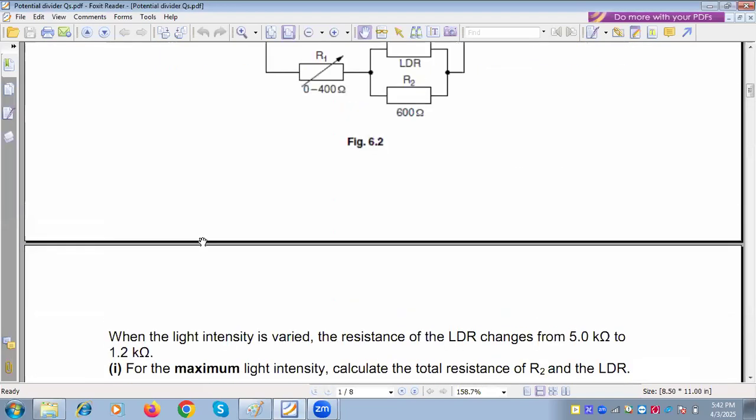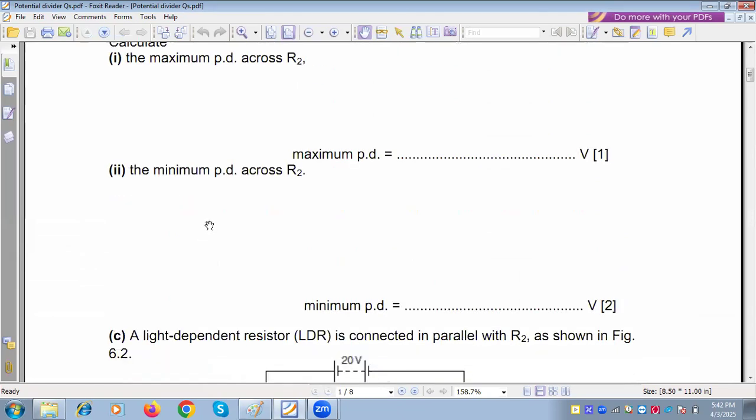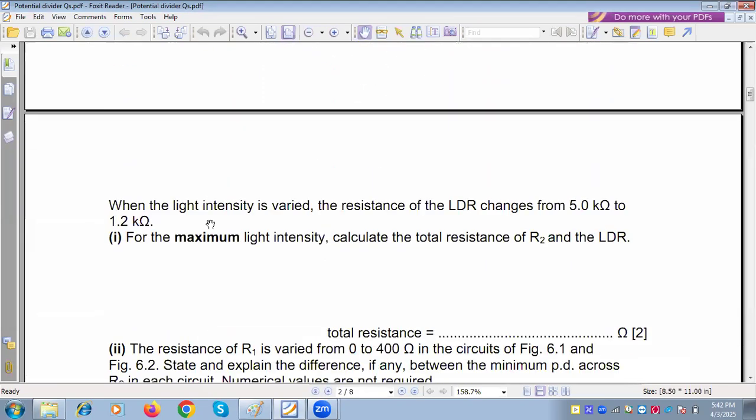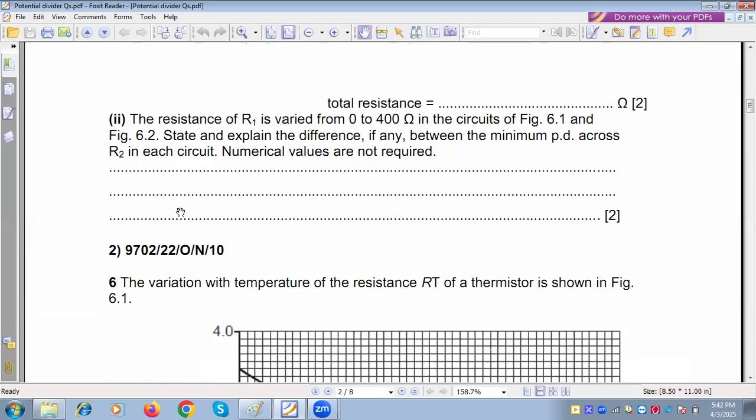In the first part, what was the minimum potential difference across R2? If you remember, that was 12 volt, in figure 6.1 when no LDR was connected.